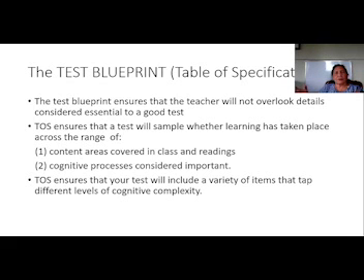And then you have your applying up to creating, the higher levels. Right? So with the TOS, you will have to indicate under the appropriate column the items that had been constructed using those cognition levels.